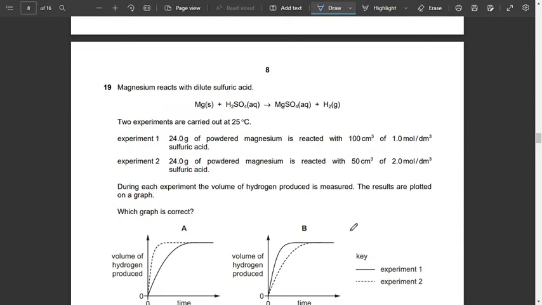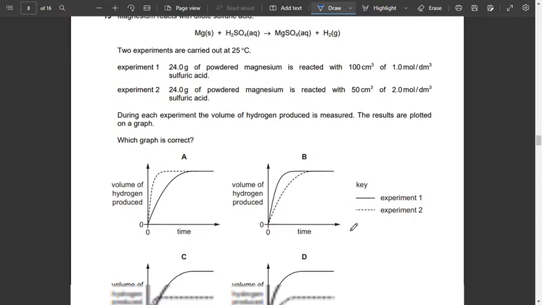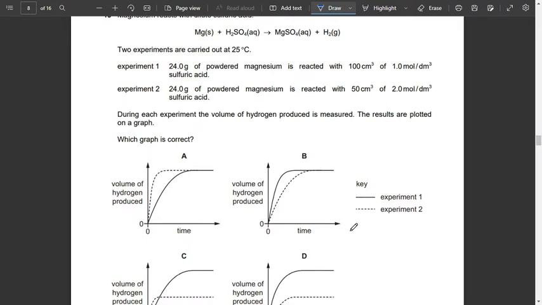The results are plotted. So if we look over here, as we can see, we will have a greater reaction rate in experiment number 2. The graph will be much steeper. However, since the amount is the same, they're going to produce the same volume of hydrogen since the magnesium amount is the same. Even if we calculate the mass, it's going to be the same.